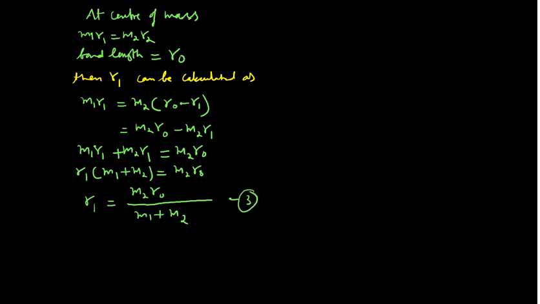Similarly, you can calculate R2 also. So it's very simple, right? How can you do that? Basically you are using this equation. Here R1 M1 you have written. Since you are calculating for R2, you can change this particular R1.